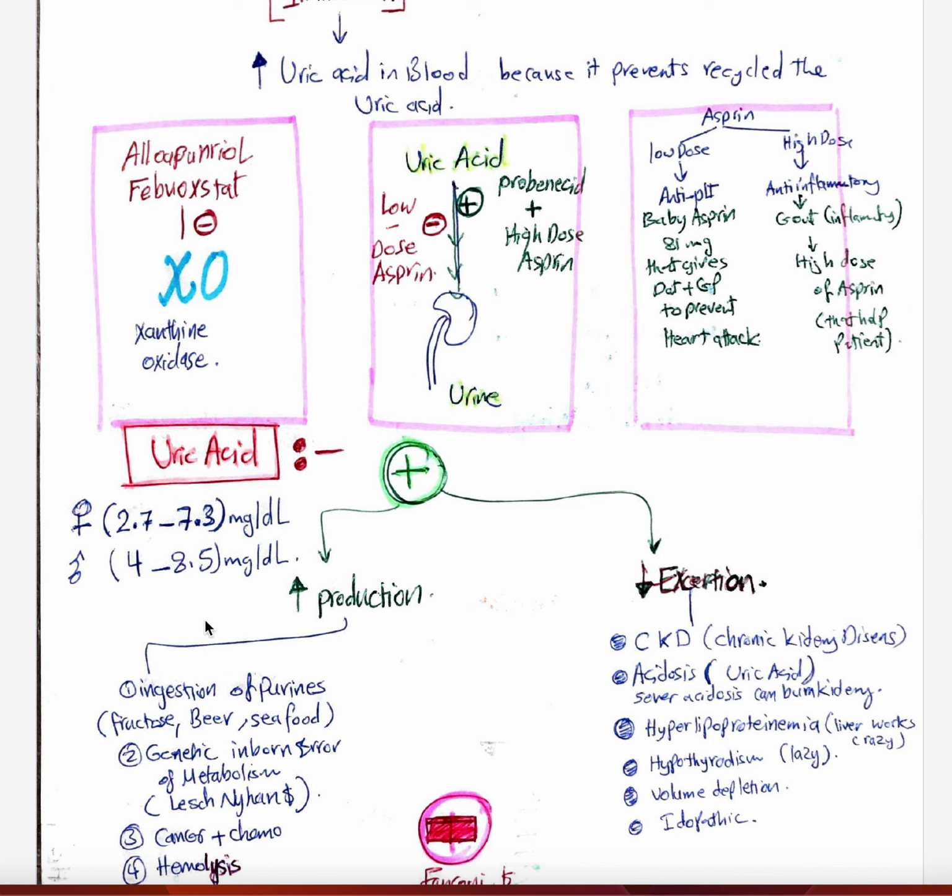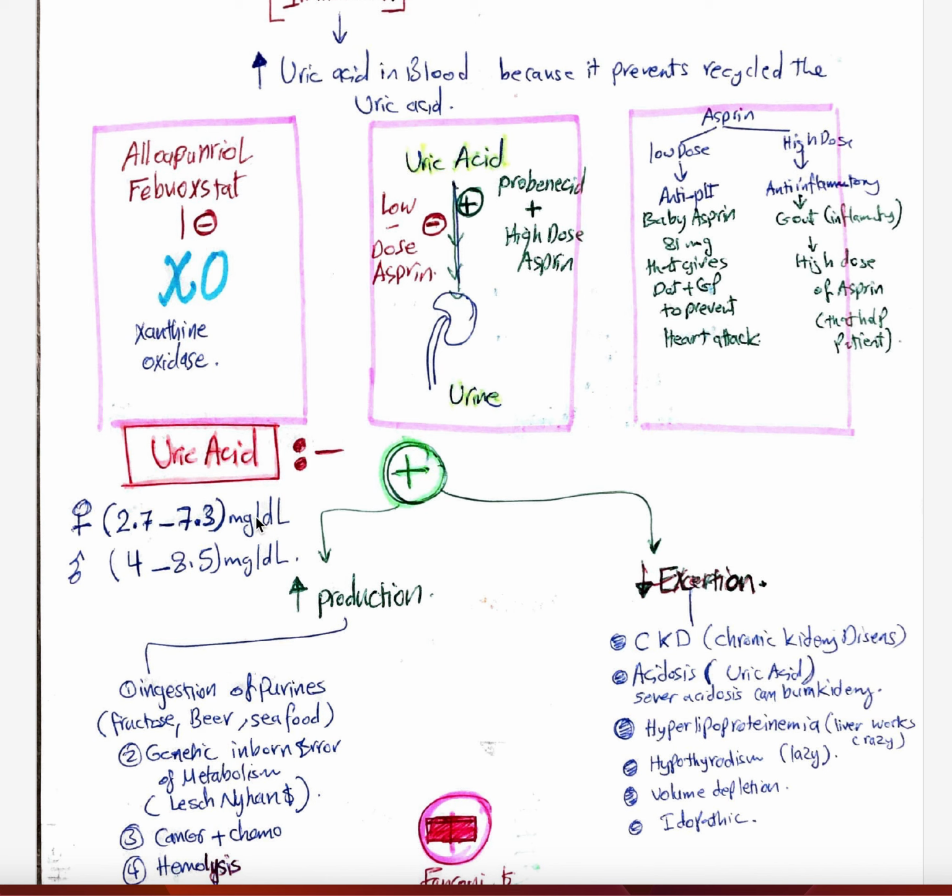Other thing, we know that the normal values of uric acid in the female are 2.7 to 7.3 milligrams per deciliter, and for males it's 4 to 8.5 milligrams per deciliter. So approximately it's 7 for the females and 8 for the males.